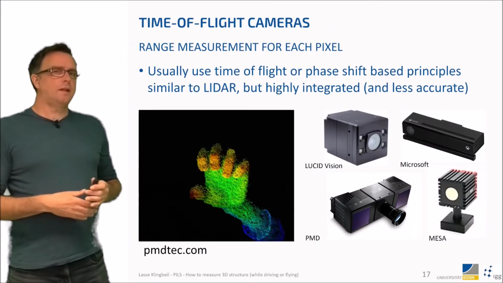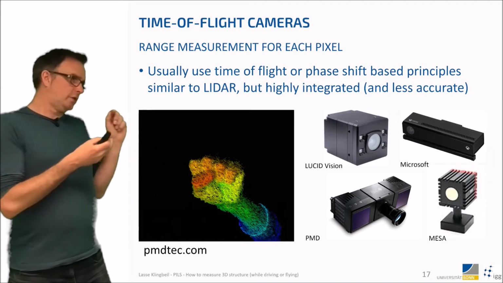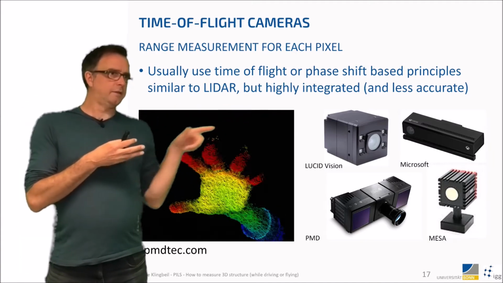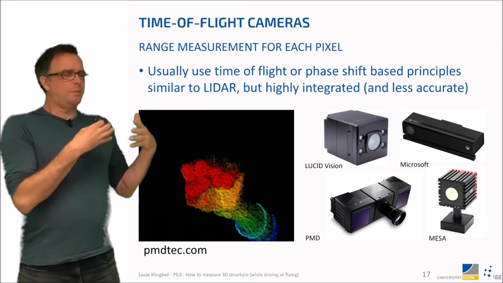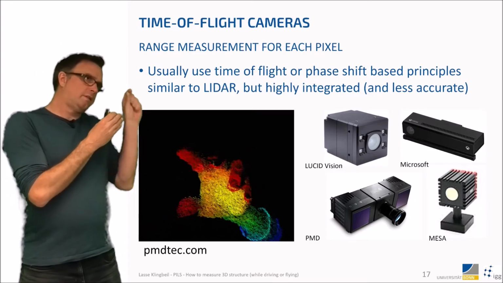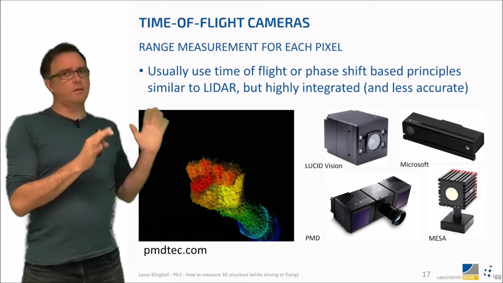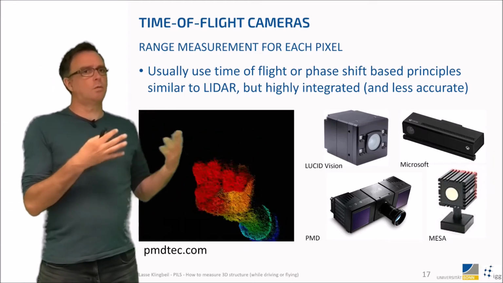So then there are time-of-flight cameras. Time-of-flight cameras are not just a single laser distance measurement and then some motion. They're a little bit like a camera, but they try to measure the distance for each pixel of that camera. And there are different principles how that works. I don't want to explain them.